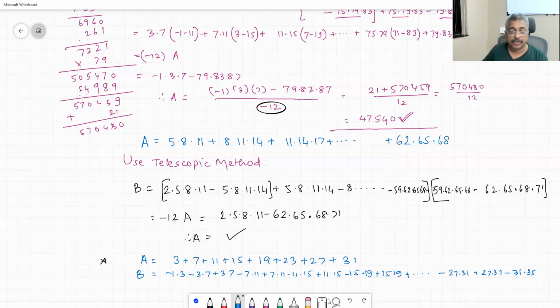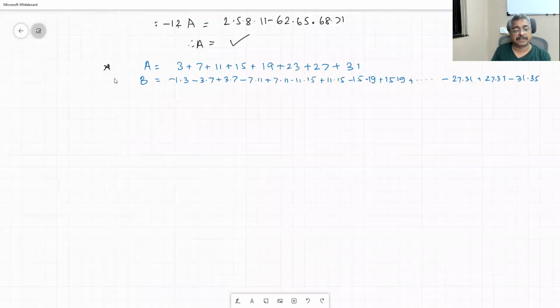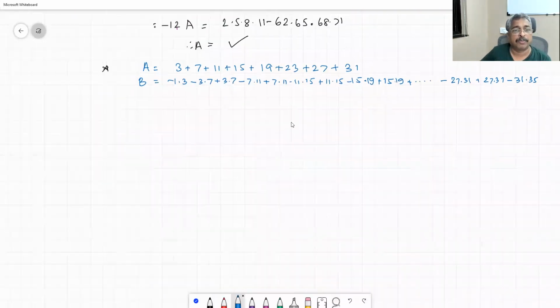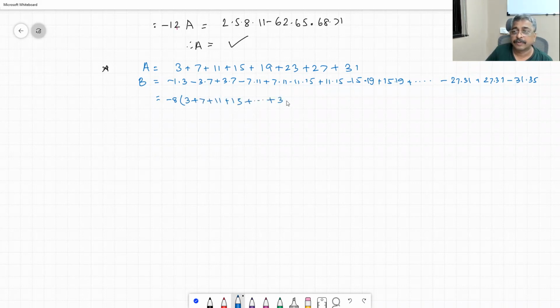Okay, so we are using this telescopic setup now to perform our activities, and now we will see that minus 8 is taken out common: minus 1 minus 7 minus 8 into 3, again here minus 8 into 7. This is minus 8 times A, but it was equal to minus 3 into minus 3 minus 1 into minus 3.